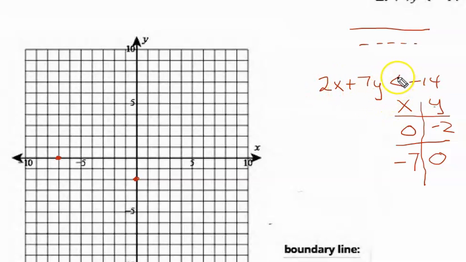Well, if it's only less than or greater than, we're using a dotted line. So this is only less than. So we'll use a dotted line here. I'll make a little dotted line here. And that's our borderline.